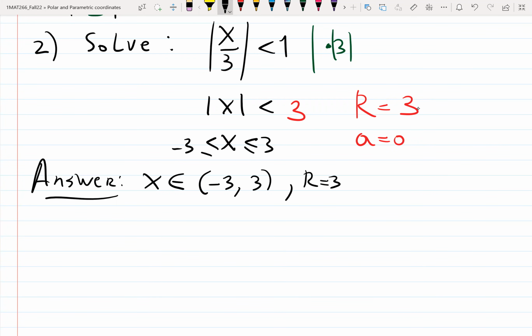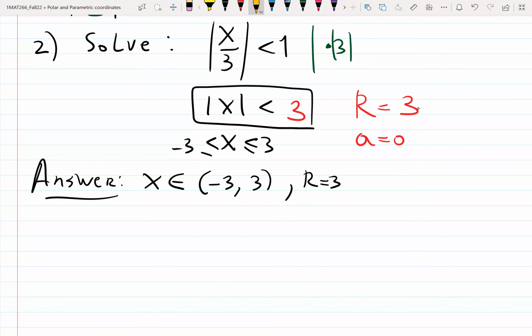Radius is 3, center 0. So it means from -3 to 3, the series will not blow up. Moreover, it converges absolutely. This notation tells you that you should have from -3 to 3.